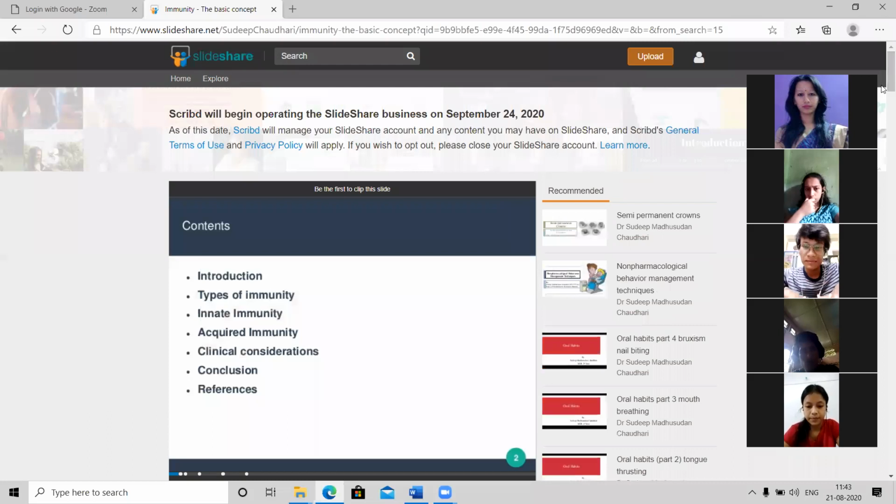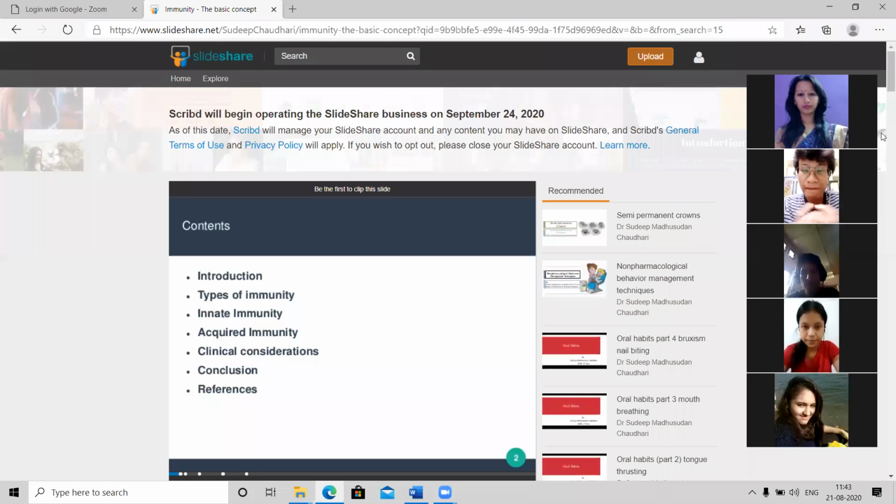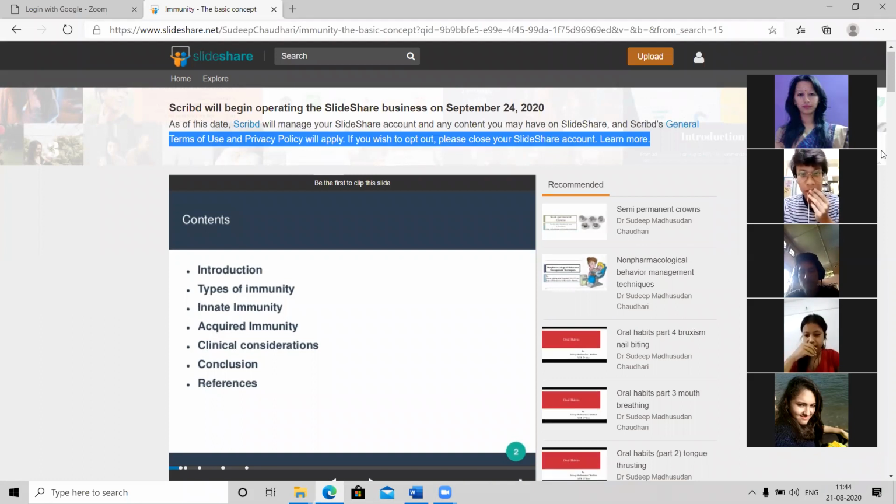Shreyasi, what is innate immunity? Who can say? Darshana, innate immunity. Ma'am, innate immunity is of two types.